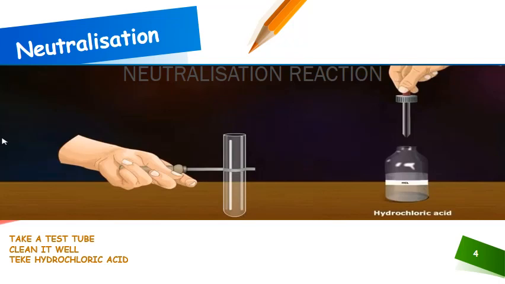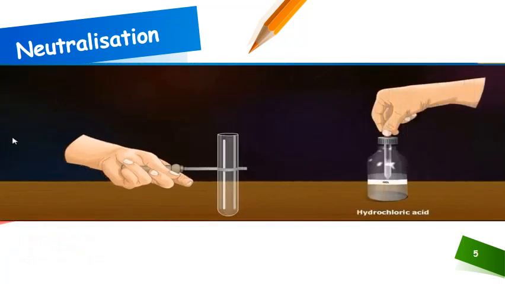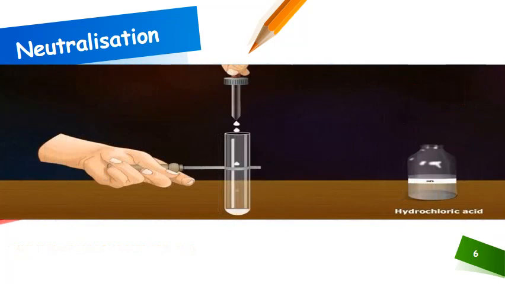Take this hydrochloric acid into a filler and add 10 ml of hydrochloric acid into the test tube. While adding the acid, we should be very careful. We should add the hydrochloric acid drop by drop.